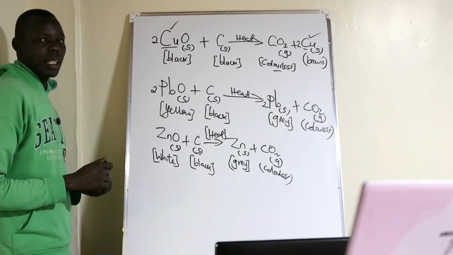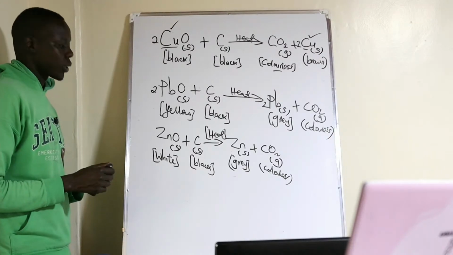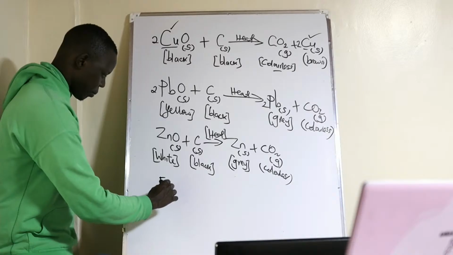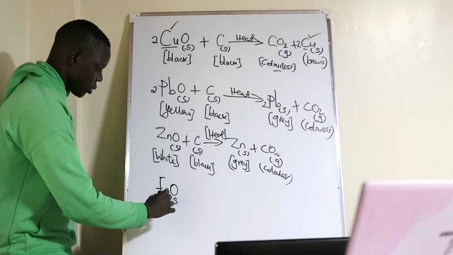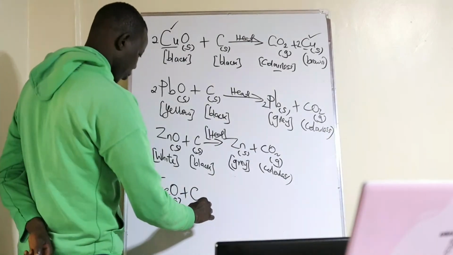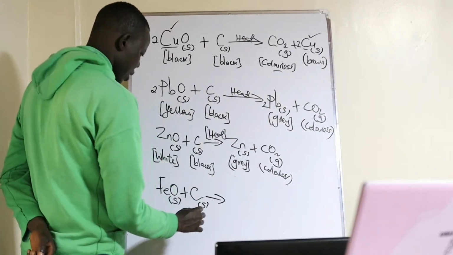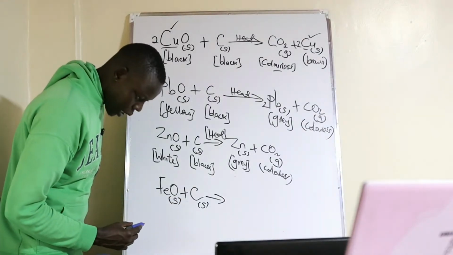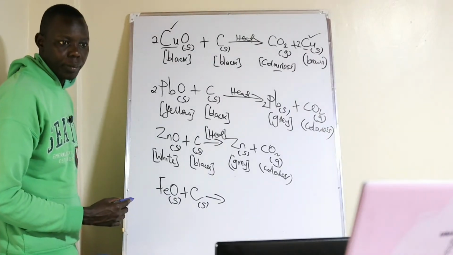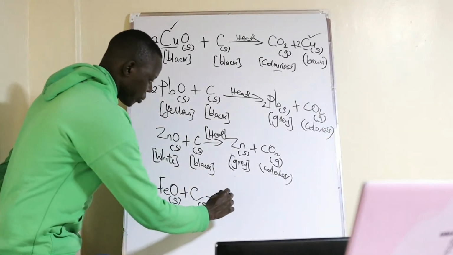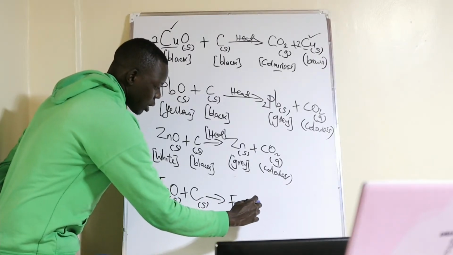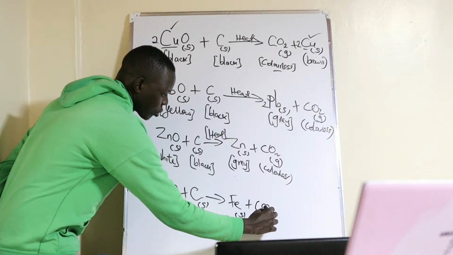Lastly, I want us to do iron 2 oxide. I hope you can see down here. Solid plus carbon solid will give us iron, which is a solid, plus CO2 gas.